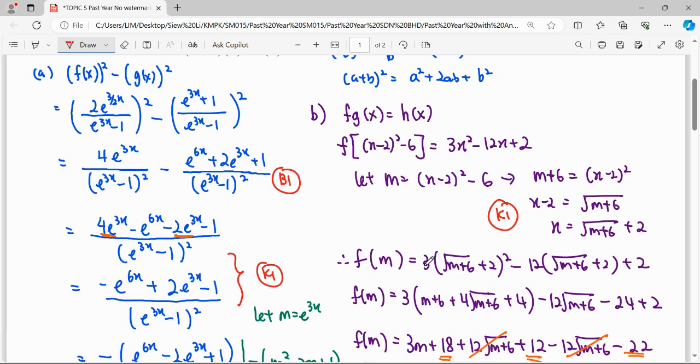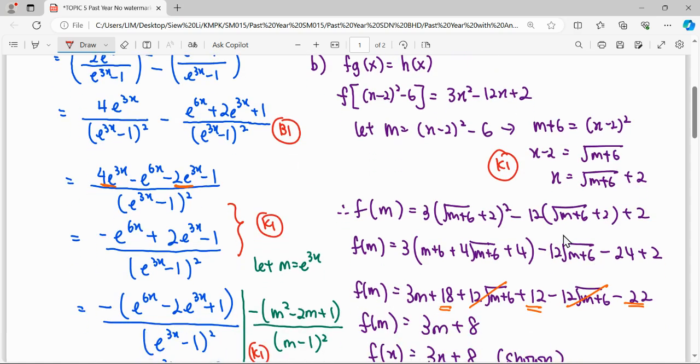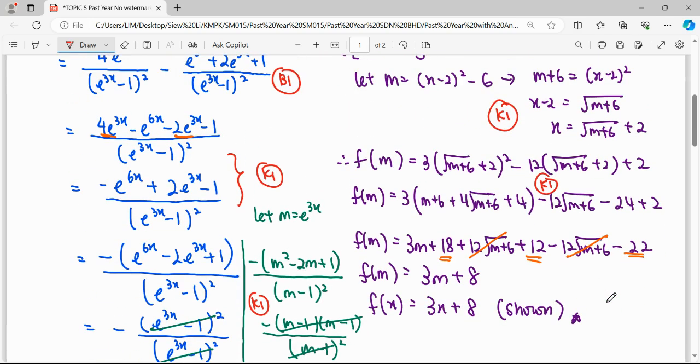Expand in m here, simplify, do your expansion and then minus to get the answer in m first, then manage to show it back in x. So this is your answer. Alright, so that's all.